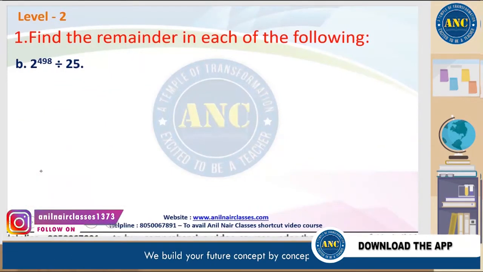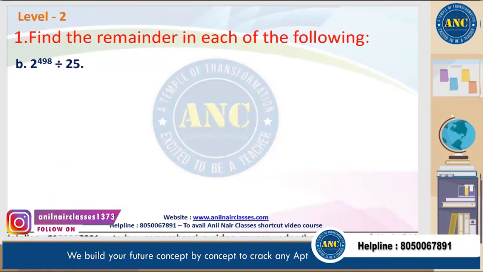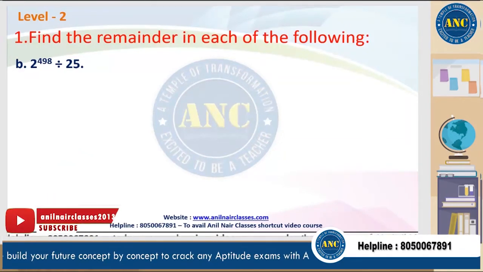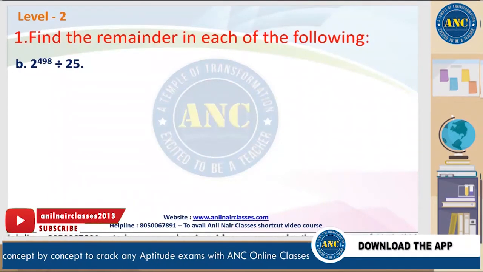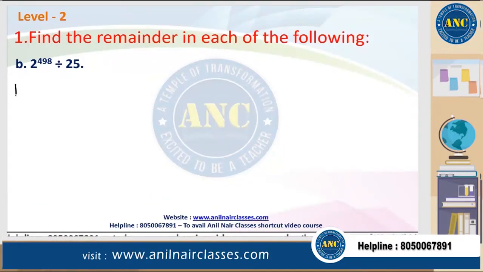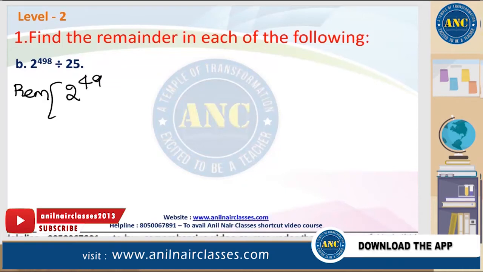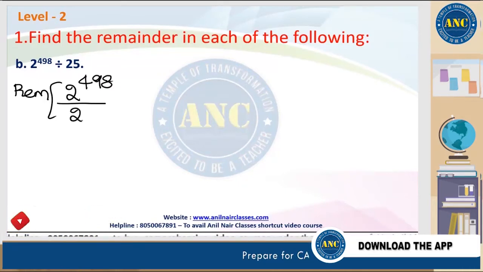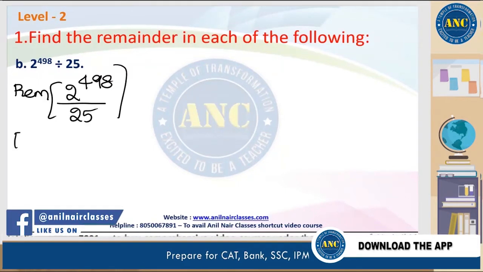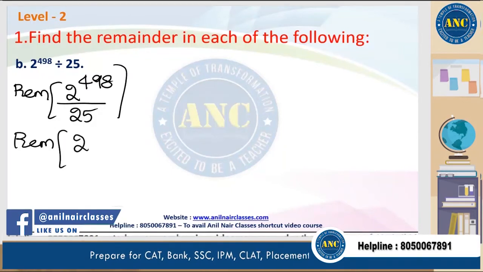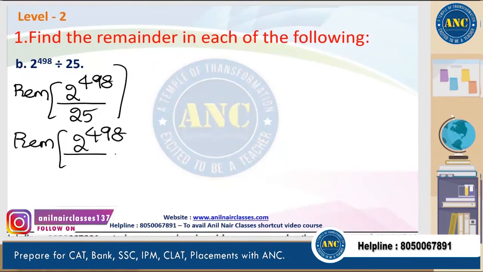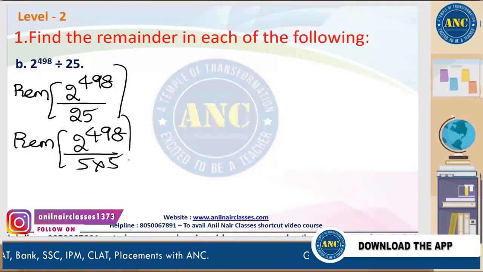Now another one: 2 power 498 divided by 25. Students, first thing you should do is keep an eye on the answer options. 25 is nothing but 5 into 5.